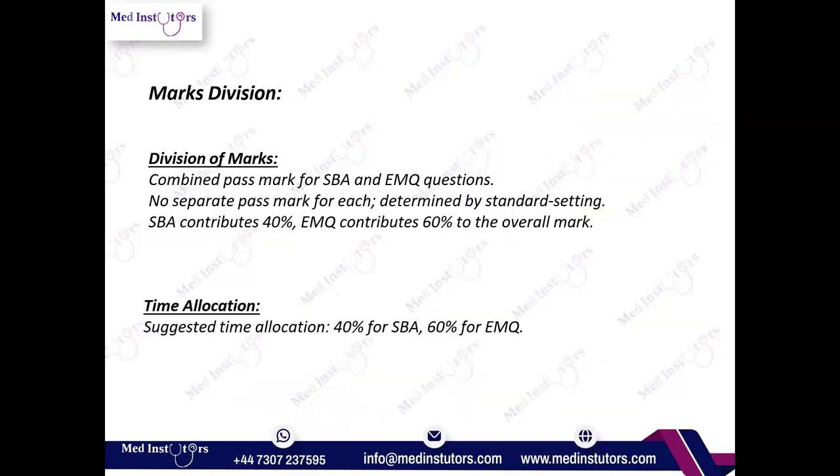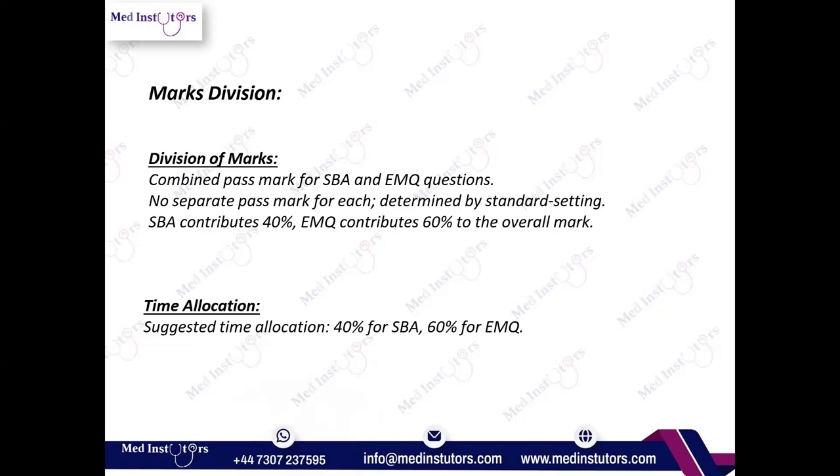Moving on. Now you have to understand that passing is a combined pass mark for SBA and EMQ. There is no separate pass mark for each. And this is determined by how all of the people giving that particular exam perform. Approximately, SBAs are fewer, they contribute 40%, and EMQs contribute 60%.